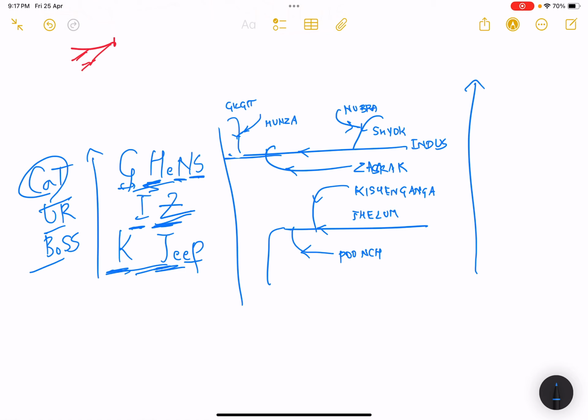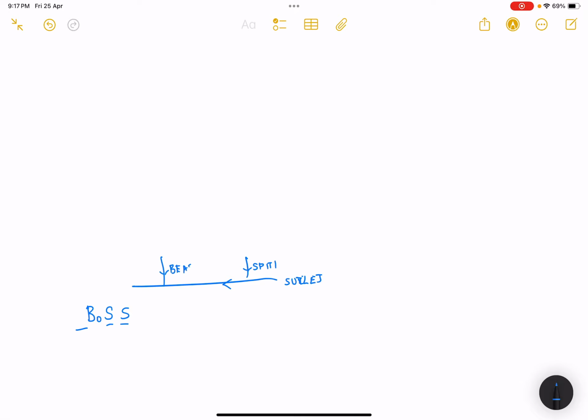Now let's combine all of them to finalize. Here we go. Boss. Sutlej. We had Spiti. And after Spiti, we had Beas joining Sutlej. Okay. Ravi. Simple.